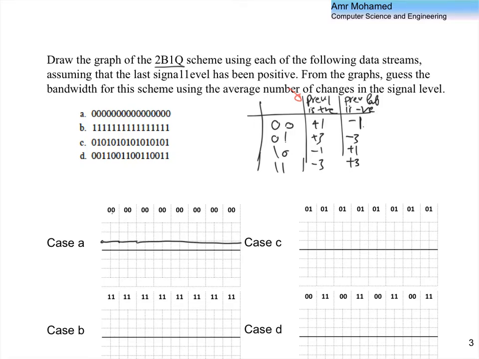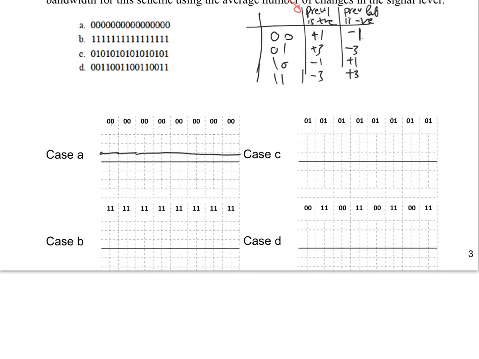Then for the case of all ones, the 1 1 is -3. So the first one is -3. And then since this level is negative, we have to look at the second column now. Okay? So 1 1 in the second column becomes +3.